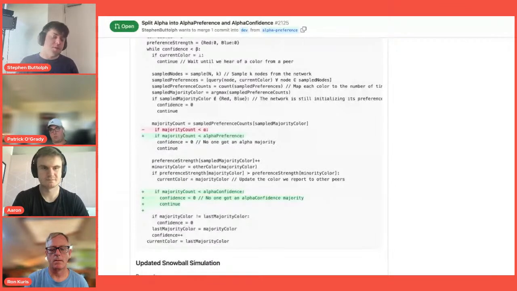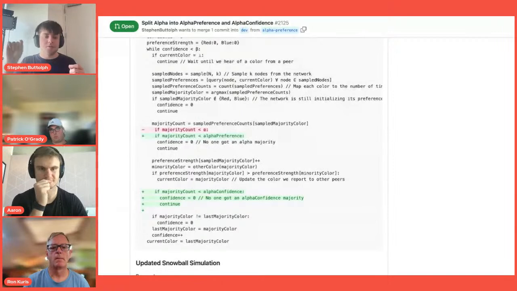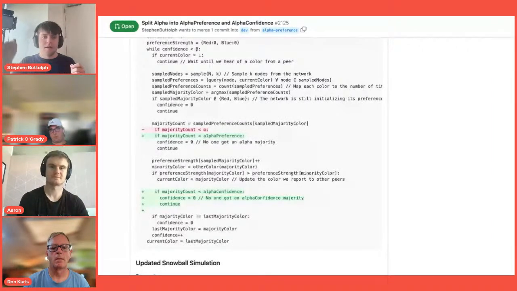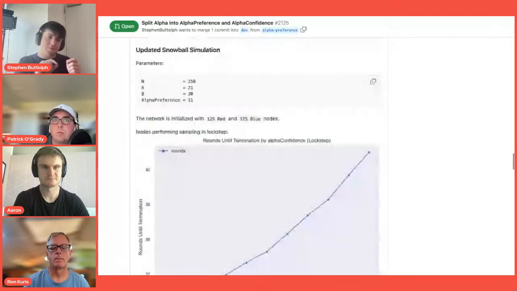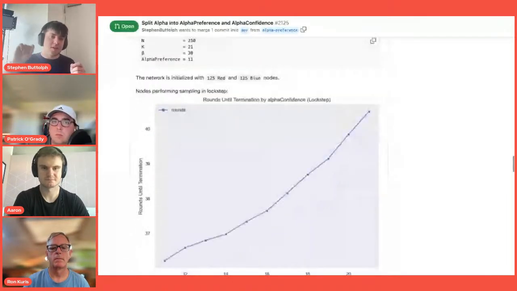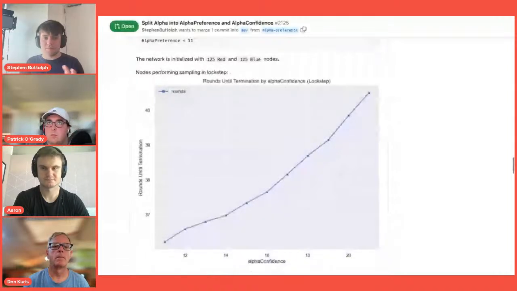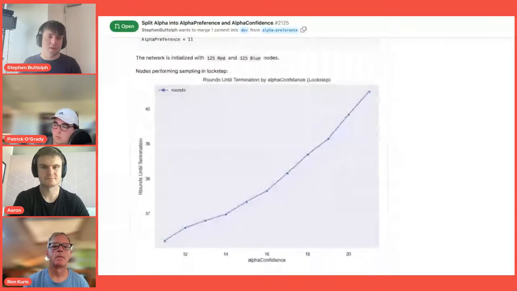So we can see with the simulations below that the number of rounds until termination do still grow as alpha increases, but they don't have that... I don't really like saying exponential because I haven't actually done the math to see what it grows as, but it seems like it grows exponentially as alpha gets towards k.